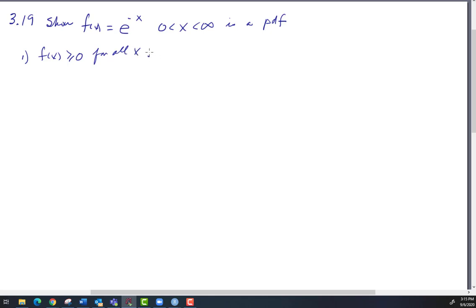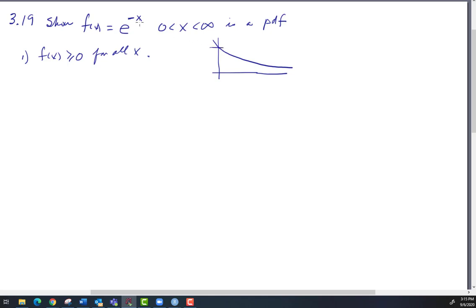for all x. Well, f of x is e to the minus x. And what does the graph of e to the minus x look like? The graph of e to the minus x looks like that, doesn't it? And where does it cross here?